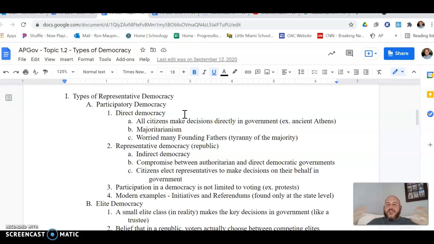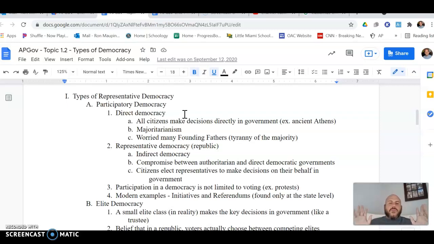It was the people themselves that had a measure on the ballot to legalize casino gambling, and it was approved by a majority of the people. So understand that, you do have that component of a taste of direct democracy in some respects. Now note, initiatives and referendums are only found at the state level. We do not operate this at the national level, but there is that little taste of direct democracy there.